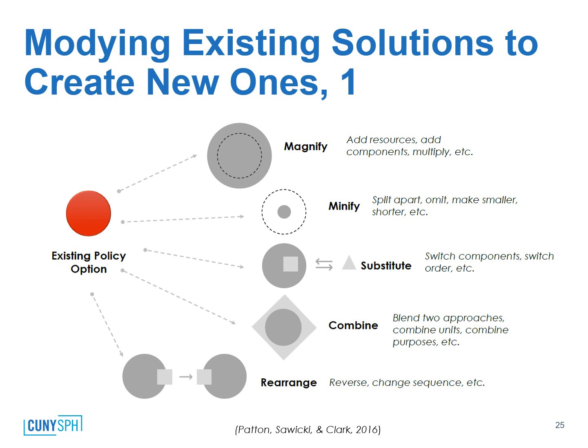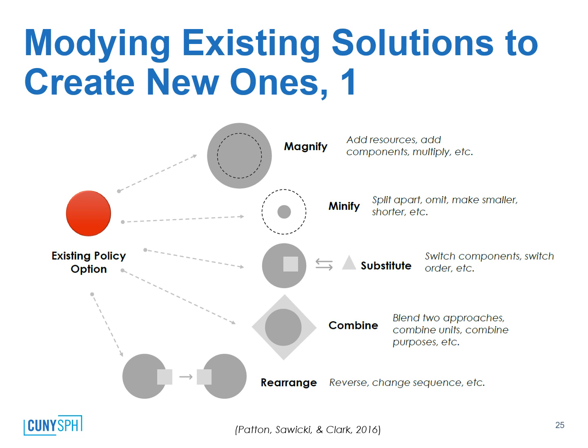Once analysts have identified a list of possible policy solutions, the next step is to refine or even re-engineer existing solutions to create new ones. So there are several ways that one can do this. By magnifying, we add components or expand scale. By minifying, we simplify or narrow our scope, perhaps as a pilot.